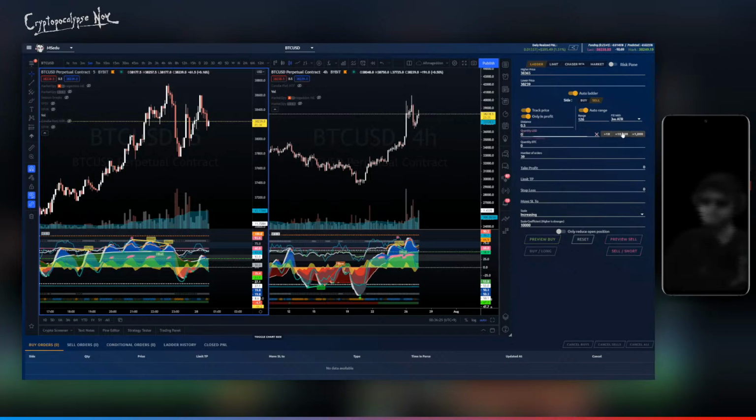Let's give it a little test. Okay, we're going to go 10,000 contracts over here. Now the distance is set automatically. Distance is basically where you want this order to get triggered from the current price. So if you set it to 10, once it moves up by 10 points, it will actually trigger.